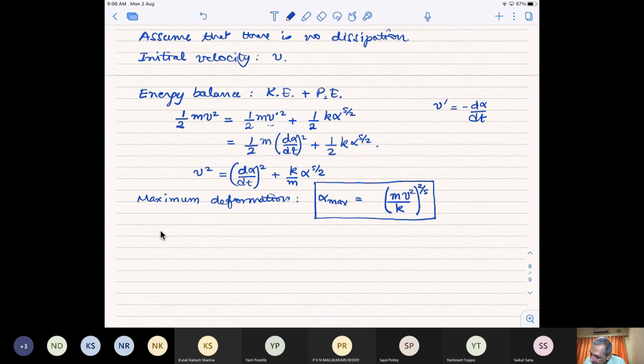So if we simplify this out, then you see that d alpha by dt whole squared is just equal to v squared minus k divided by m into alpha raised to the power of 5 by 2.